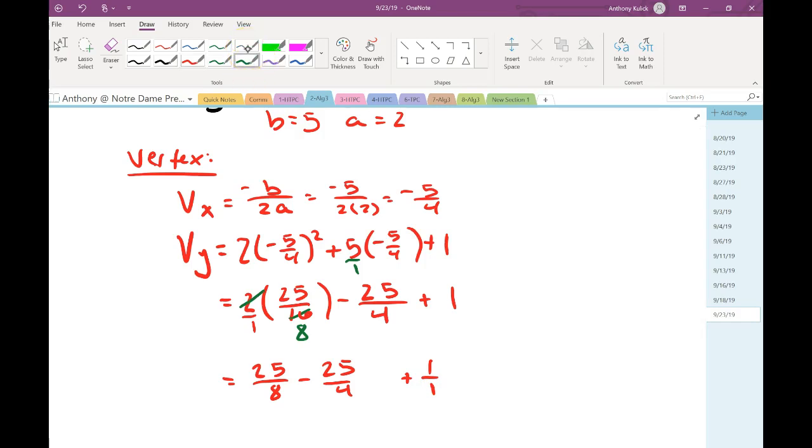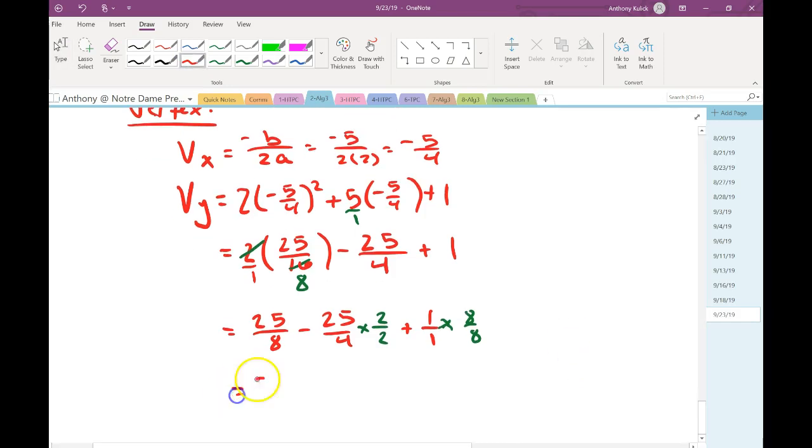So to add these three fractions together, they need to have a common denominator. That common denominator in this case should be 8. So 25 over 4, I'm going to multiply by 2 over 2. And 1 over 1, I'm going to multiply by 8 over 8.